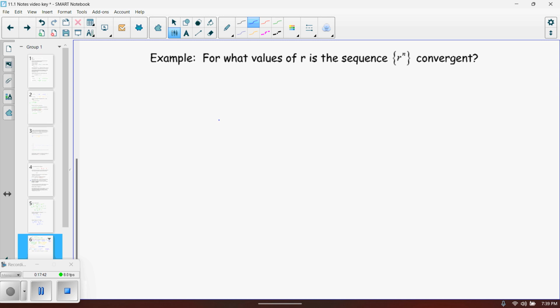So we have to figure out what values they are. What we're trying to do is take the limit of r to the n power as n goes to infinity and figure out what we could possibly have. We kind of have to split that up.